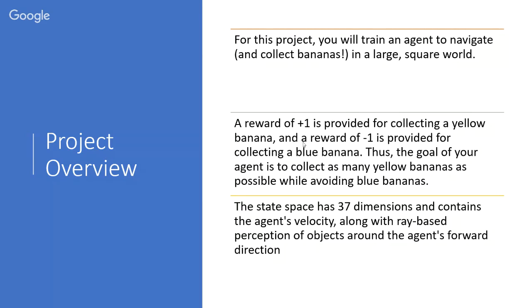The state space provided is 37 dimensions and contains agent velocity along with ray-based perception of the objects around the agent's forward direction. So it's not a huge amount of data coming in for deep reinforcement learning compared to pixels or other methods, but it means that you definitely don't need to use a convolutional network.